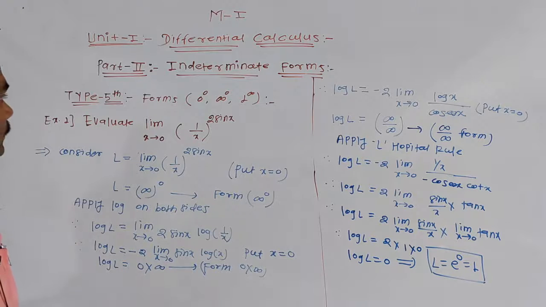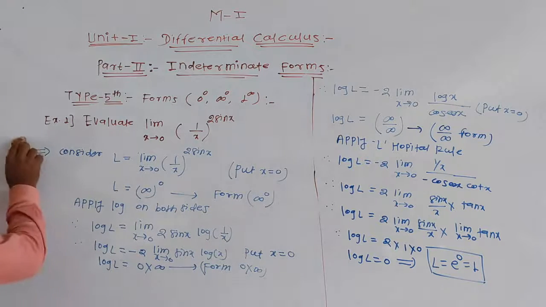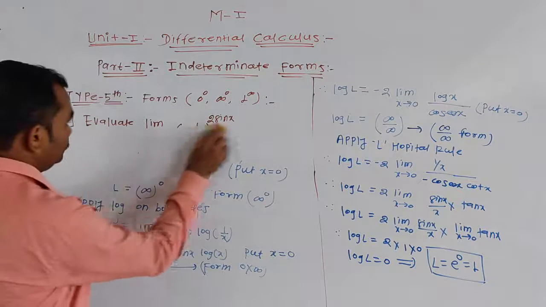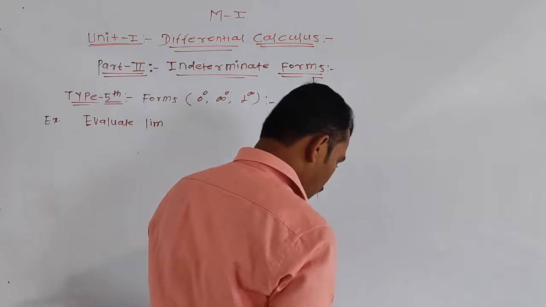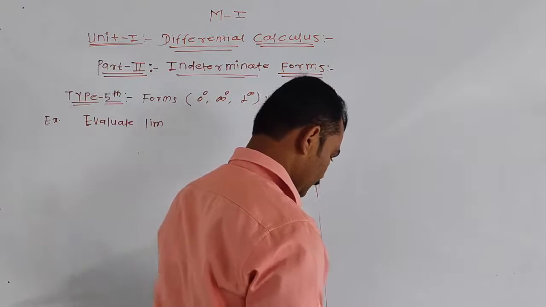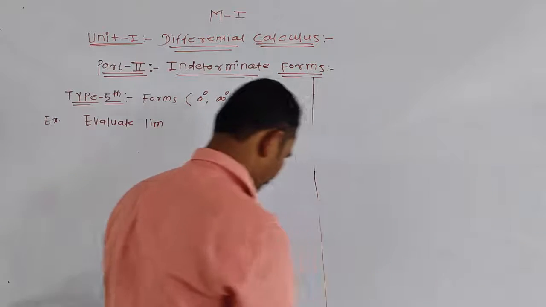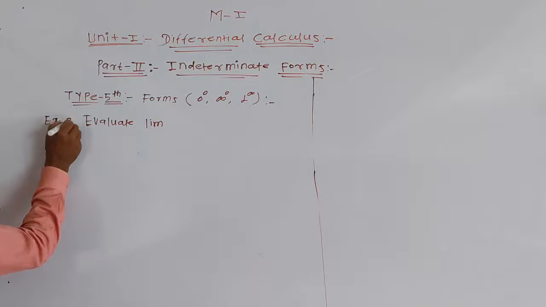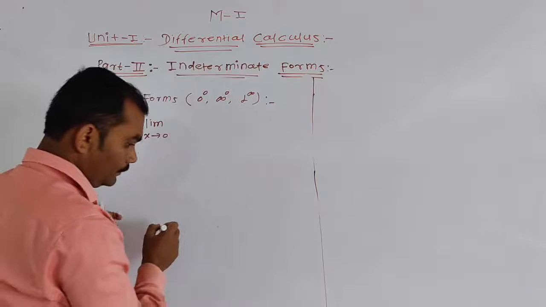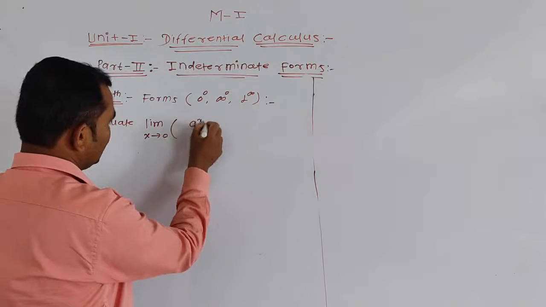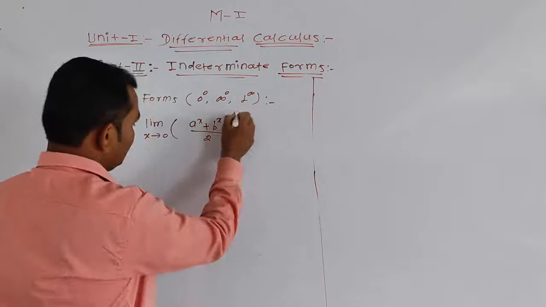Okay, now we will discuss the example third on the same topic. Example third, this is your example second. Example third: evaluate limit x tends to 0 in bracket a raised to x plus b raised to x divided by 2, and bracket raised to 1 by x.